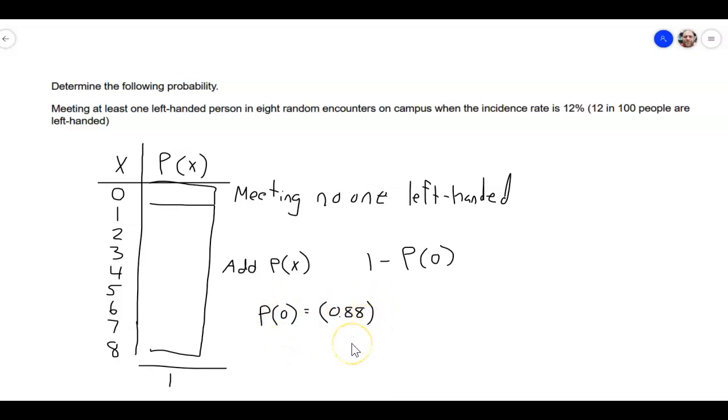We're using the multiplication property of probability, and we're going to raise that to the number of observations or trials that we have. In this case, we're meeting 8 people, so this is raised to the 8th. So our solution here should be 1 minus the probability of 0, which is 0.88, raised to the 8th power.